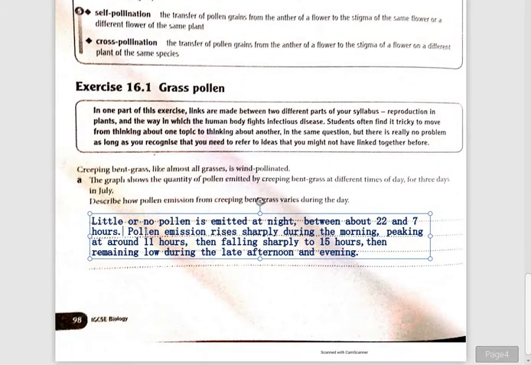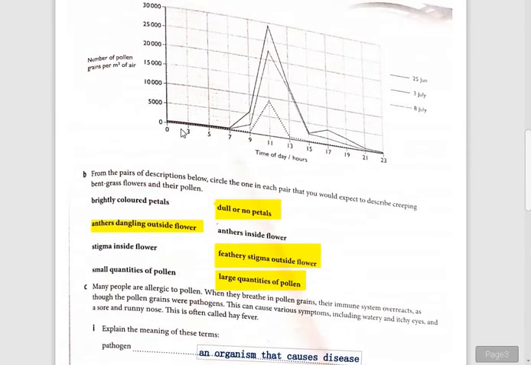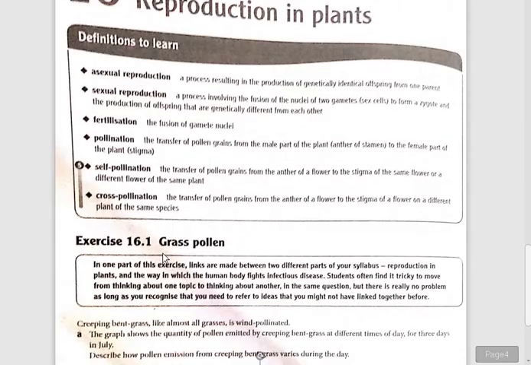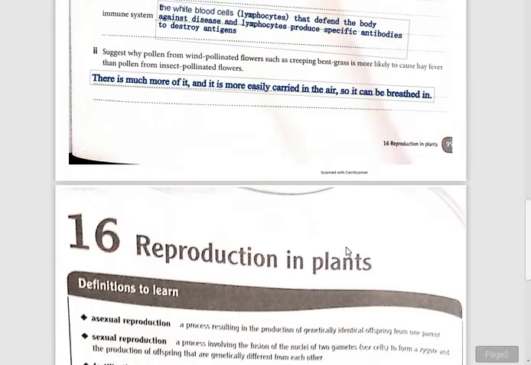So you can say there's little or no pollen emitted at night. You can see over here, this is midnight from 12 a.m. until 7 a.m. It's totally dark and there's no emission of pollen grains. Then pollen emission rises sharply during the morning, peaking at around 11 hours and falling sharply to 15 hours, then remaining low during the late afternoon and evening.